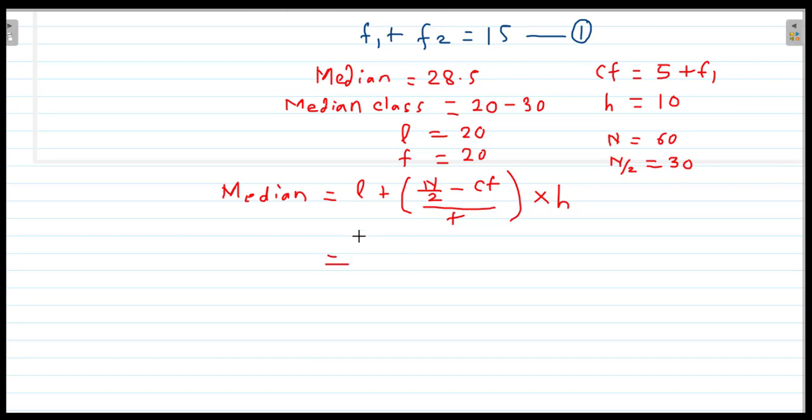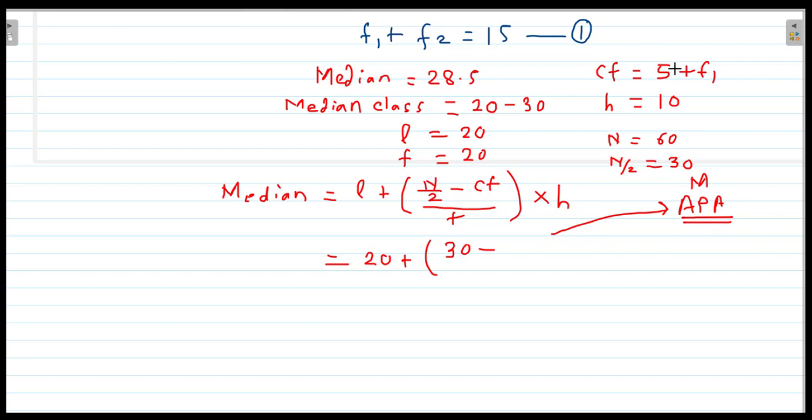So everything we have got, L we have got, that is 20. So write here 20 plus, into bracket, N by 2, which is 30, minus cumulative frequency. Here the cumulative frequency is 5 plus F1. Here be careful because this is the accident prone area, the most accident prone area, because we are subtracting 5 plus F1.